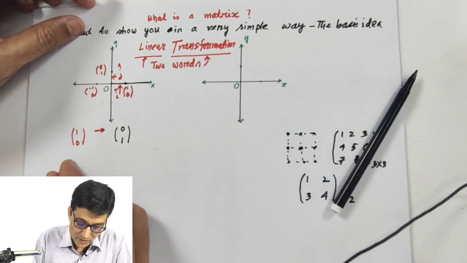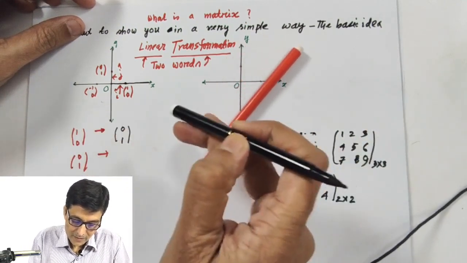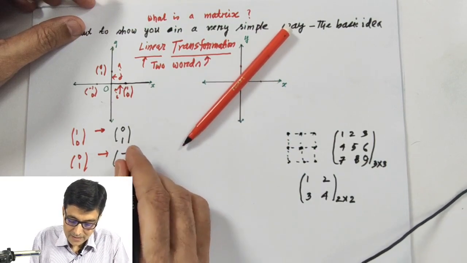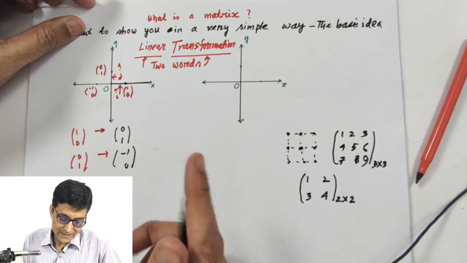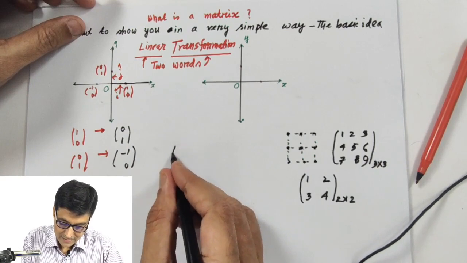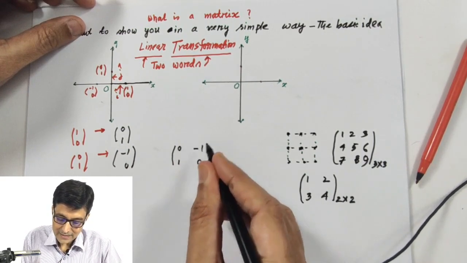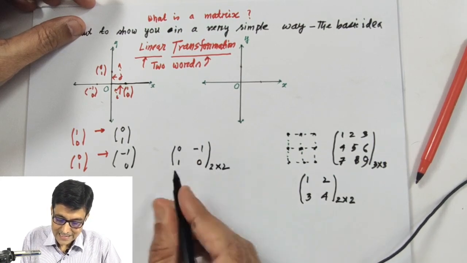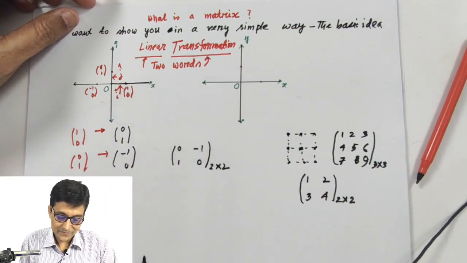So the point 0, 1 goes to minus 1, 0. You just write these transformed vectors in 2 columns, 0, 1 and minus 1, 0. This is a matrix obtained by rotating the axis.